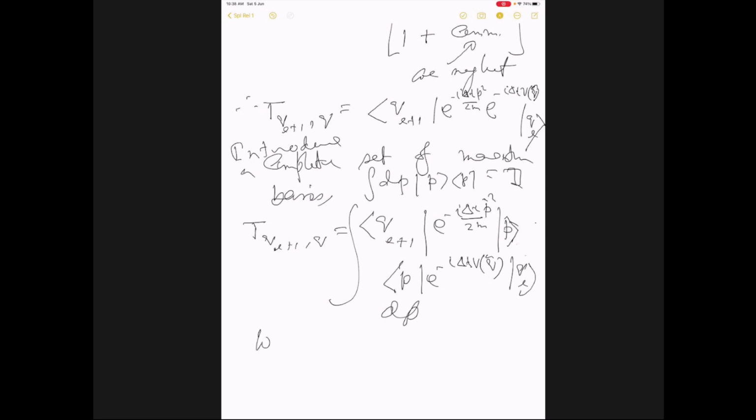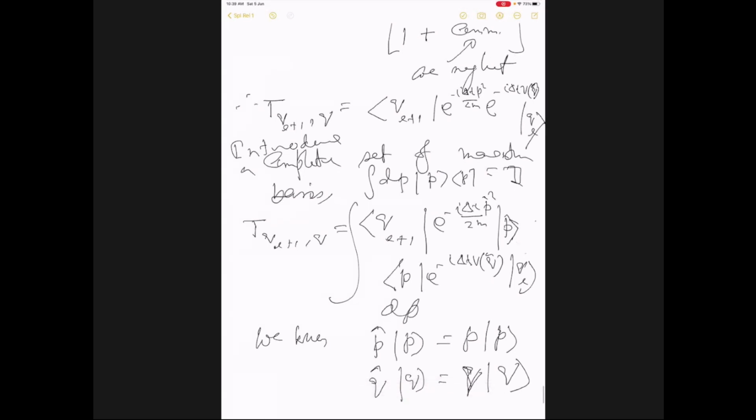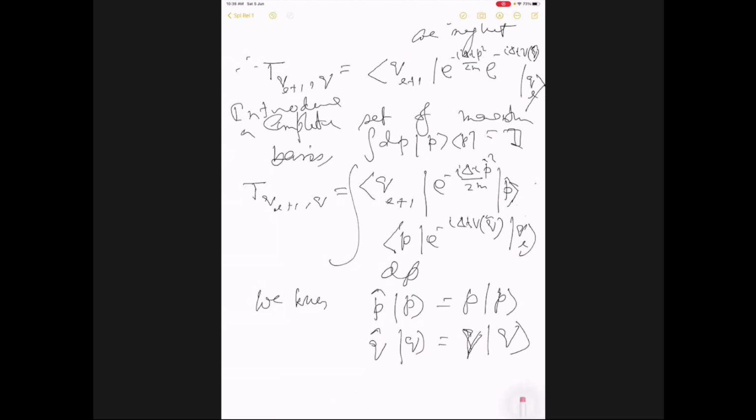Now we know p operator acting on |p> equals p |p>, and q operator acting on |q> equals q |q>. So now you can immediately see that the p squared operator acting on its own eigenstate |p> will just be p squared times the eigenstate |p>.